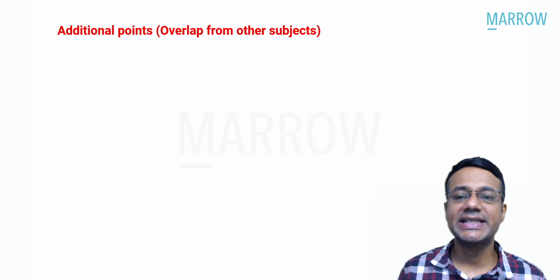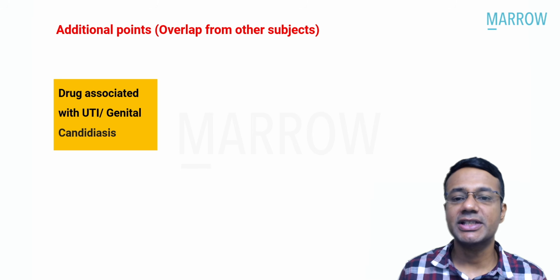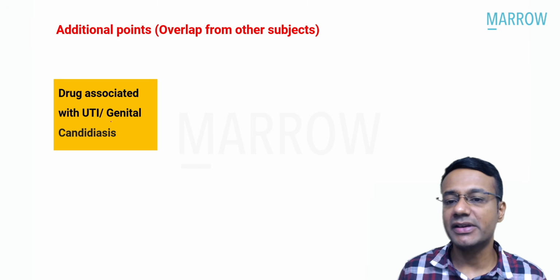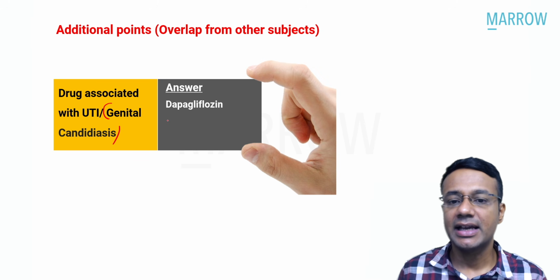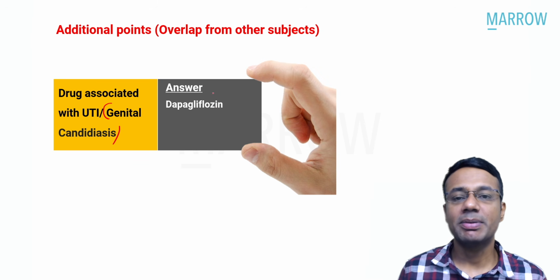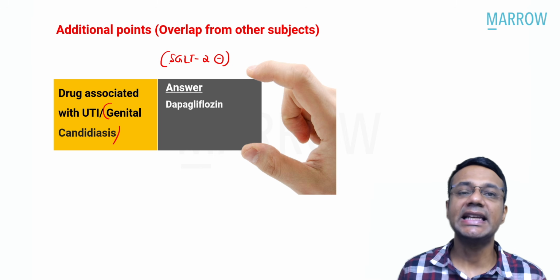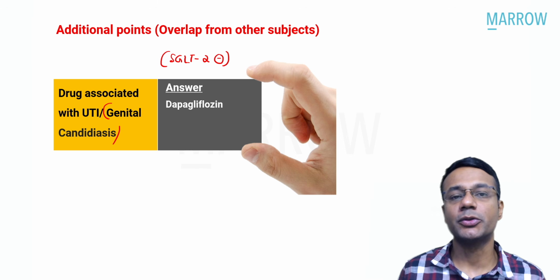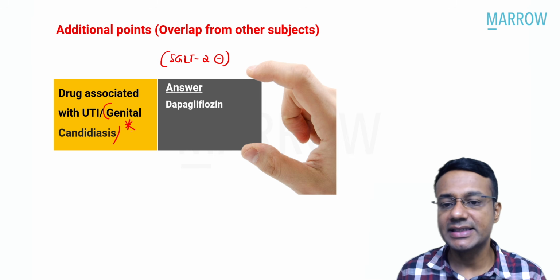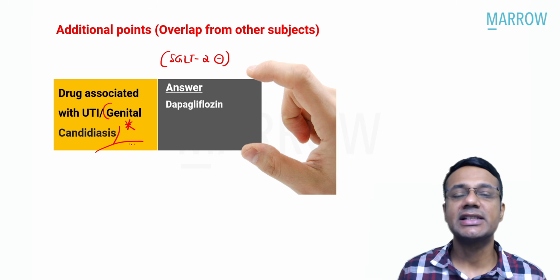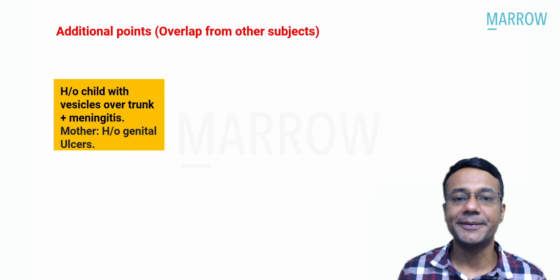Now let's look at some additional points as a part of overlap with other subjects. The drug associated with UTI, which was asked in this year's exam and previously, genital candidiasis, is dapagliflozin. Now please remember this drug belongs to SGLT2 inhibitor, which results in increased glucose which is getting excreted in the urine. So genital candidiasis can also be associated with this drug, which is dapagliflozin.